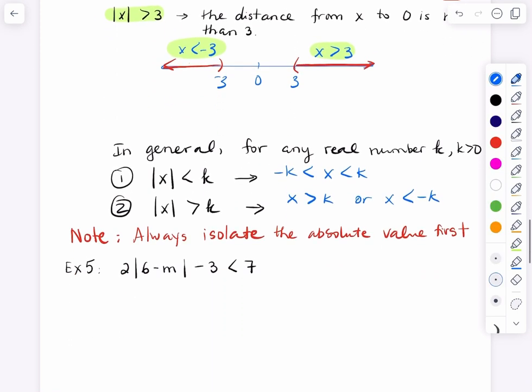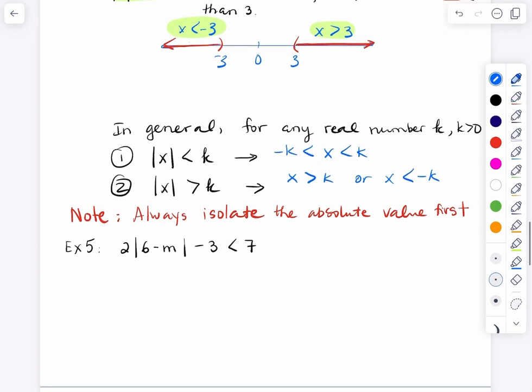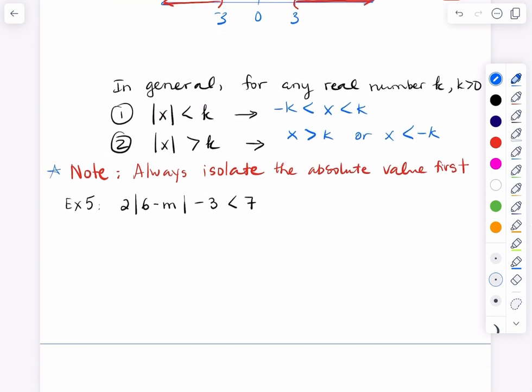So we're going to look at some examples. I put a little note here. We always want to isolate the absolute value first before we can try to get the variable by itself. So in example 5, we want to first add 3 to both sides. We're trying to isolate this absolute value first.